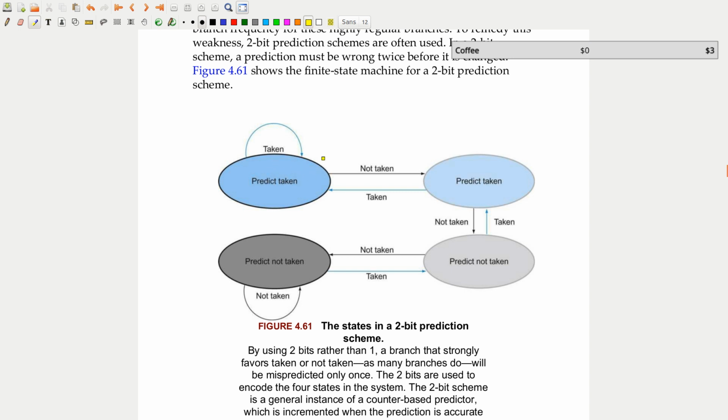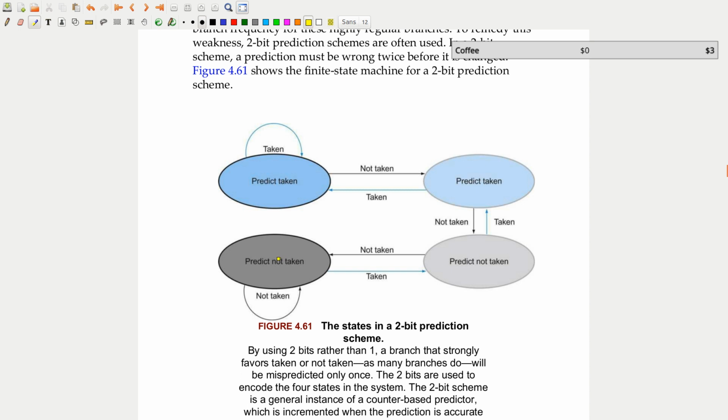Basically, say we start at a predict taken state. If we get a not taken branch, we move to a weak predict state. Then if we're not taken again, we move to a not taken state. And if we're not taken again, we finally move to this hard not taken state.